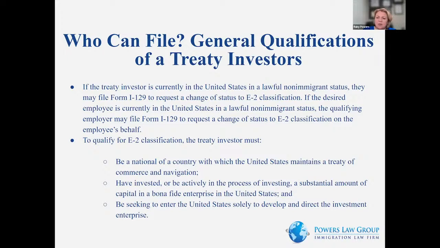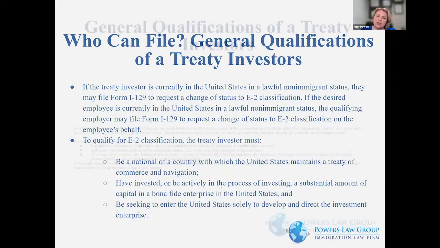So, for example, if it was about a $1 million business, you'd want to have probably 600,000 to 800,000 invested, with a payment plan showing how you're planning to pay off the rest of the amount. And then the final point here: be seeking to enter the US solely to develop and direct the investment enterprise, which also has the subtext that this is a non-immigrant visa. You must also have intent to return back.